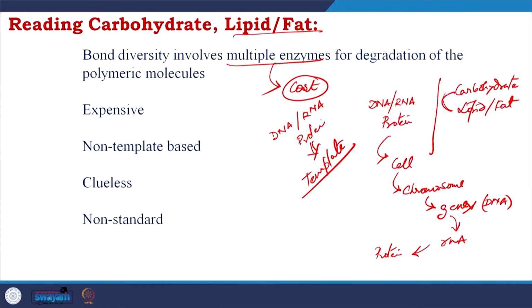That is very critical. Non-standard: for DNA, you know that there are 4 nucleotides where the differences happen. RNA is the same, for protein there are 20 amino acids, but for carbohydrate, though we say that monosaccharides form polysaccharides, or in case of fat, glycerol and fatty acids, there are a number of fatty acids and a number of monosaccharides which could be very different.